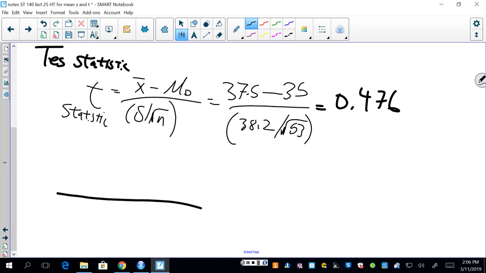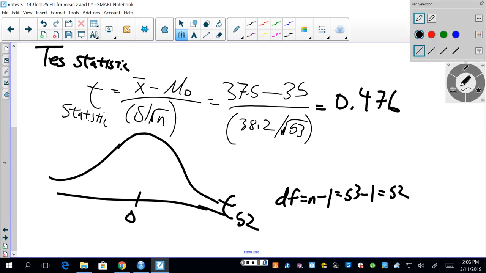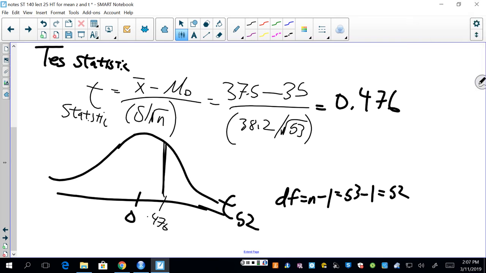If you compare that to a t distribution with 52 degrees of freedom, n minus 1, 53 minus 1 is 52, it's pretty much near 0. And this test statistic method has given us a value at 0.476, so it's not out there in the extreme tails at all.